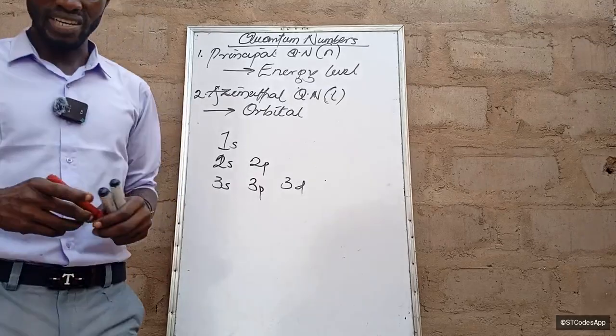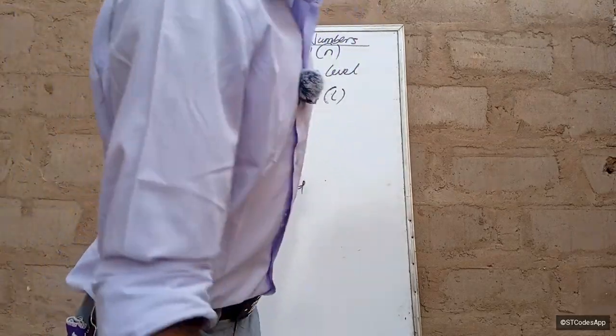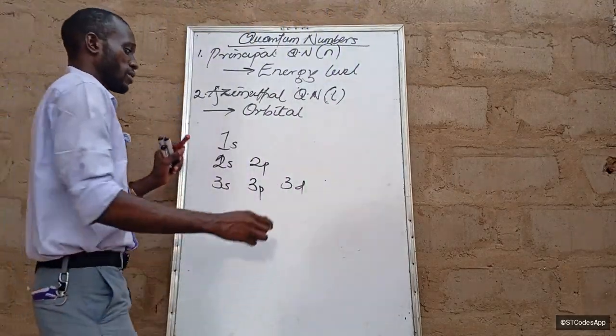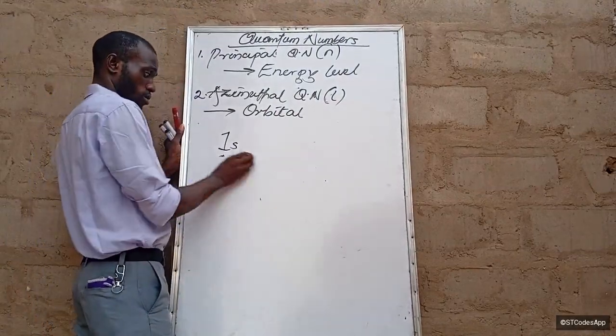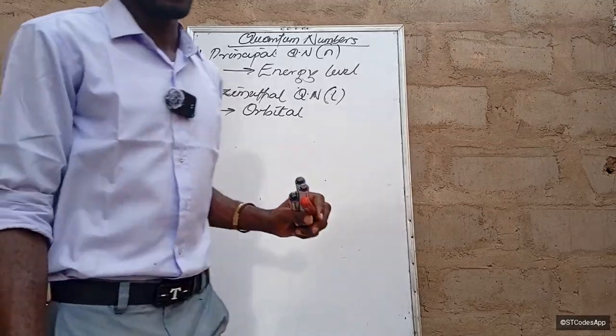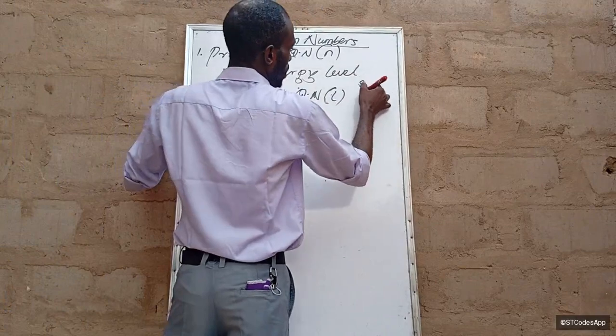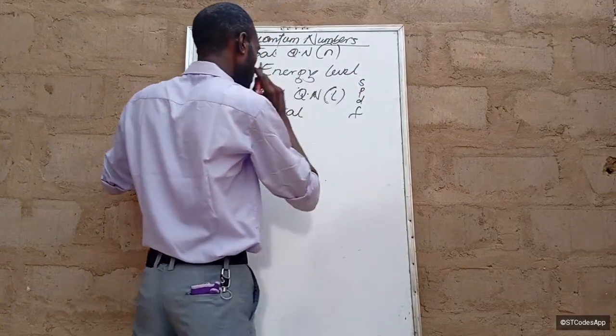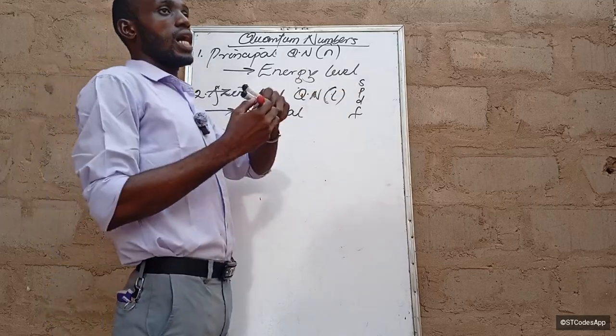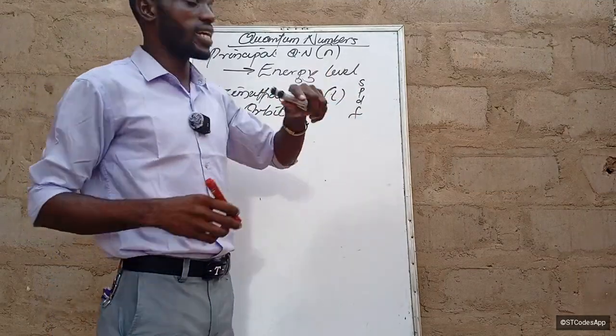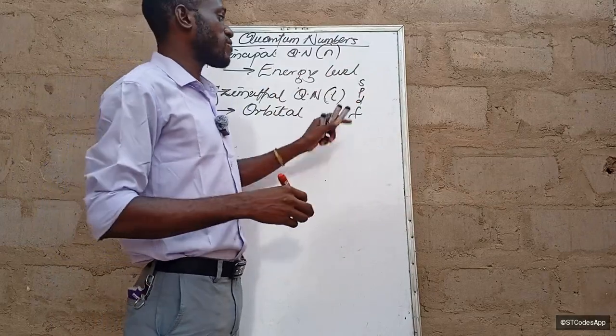Just remember Power Rangers, SPD, and you're going to be able to remember the orbitals. There are 4 orbitals we are looking at: s, p, d, f. These are sharp, principal, diffuse and fundamental.